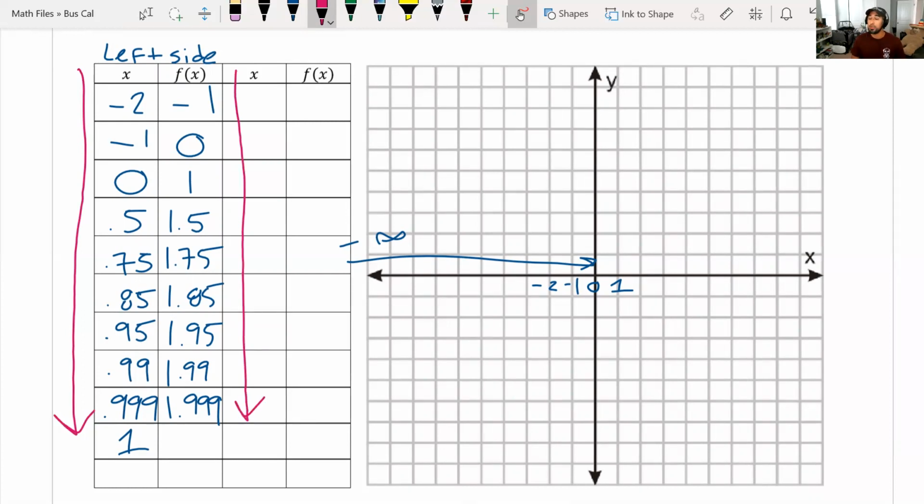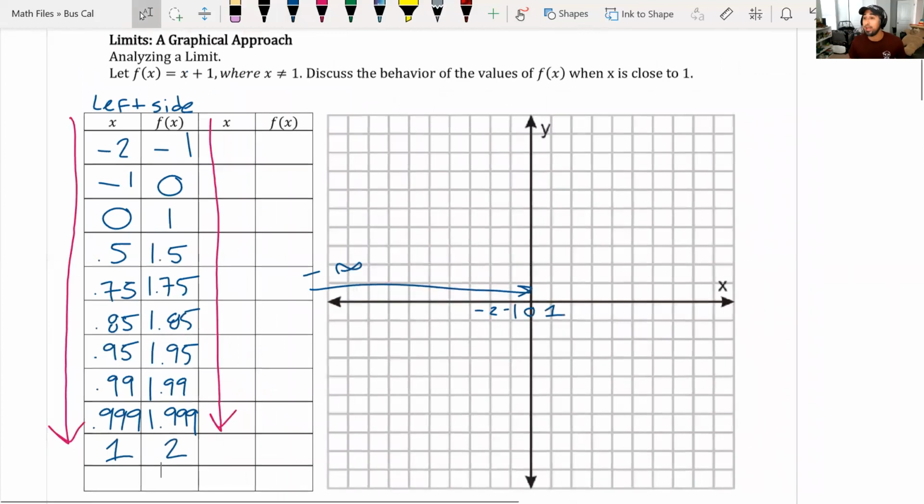Well, if you said 2, that answer is correct, right? But then we run into an issue here. Yes, I'll put 2 here, but can y actually be equal to 2? And that answer is no.